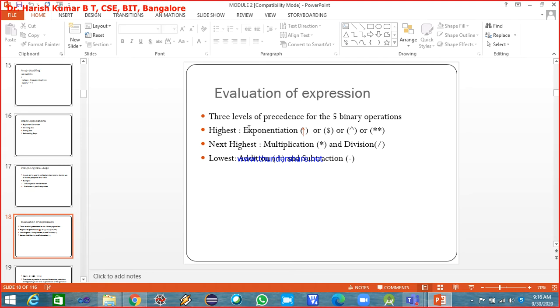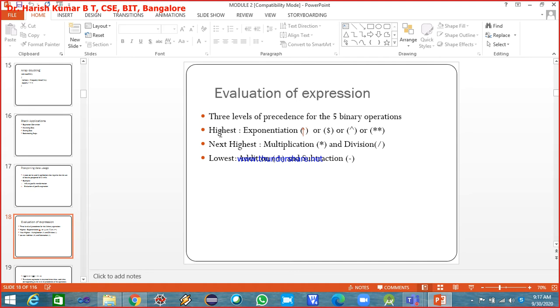One is exponentiation, which can be represented either by the up arrow, dollar, or cap, this is called cap, or double star, double asterisk. These are the symbols which we generally use to express exponentiation.